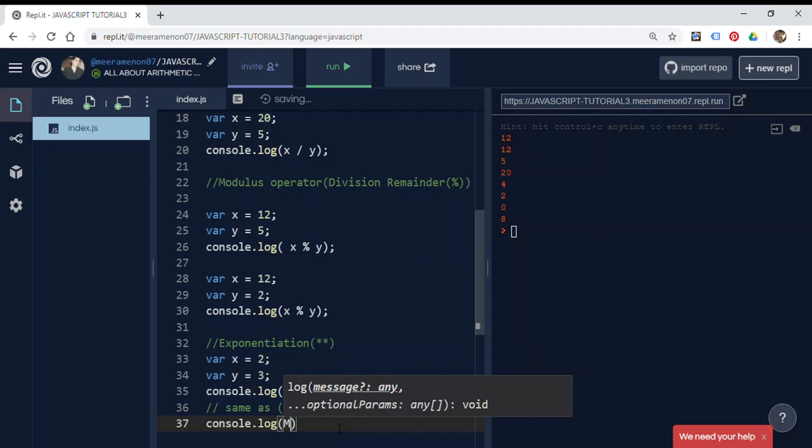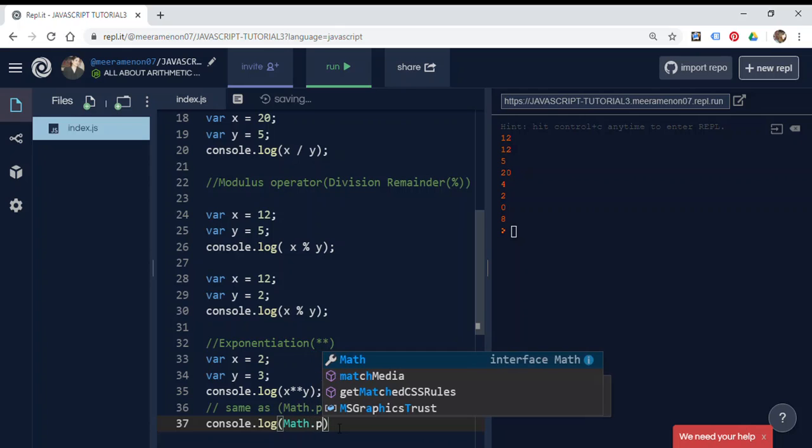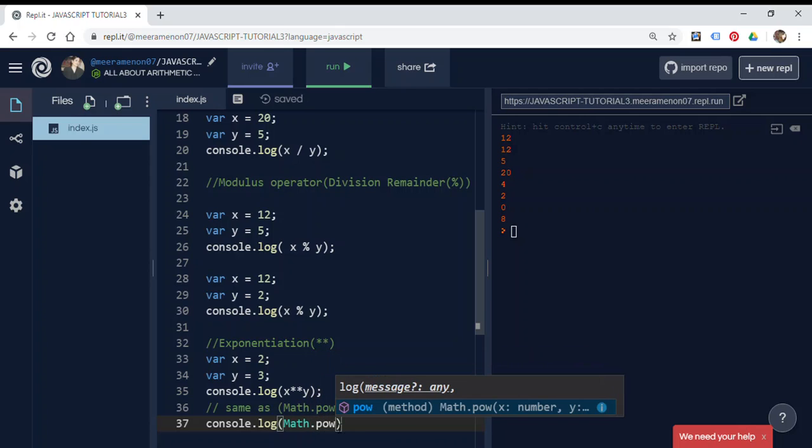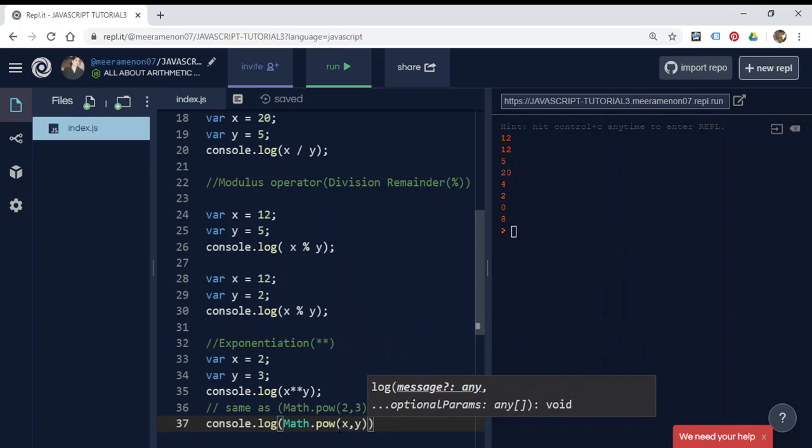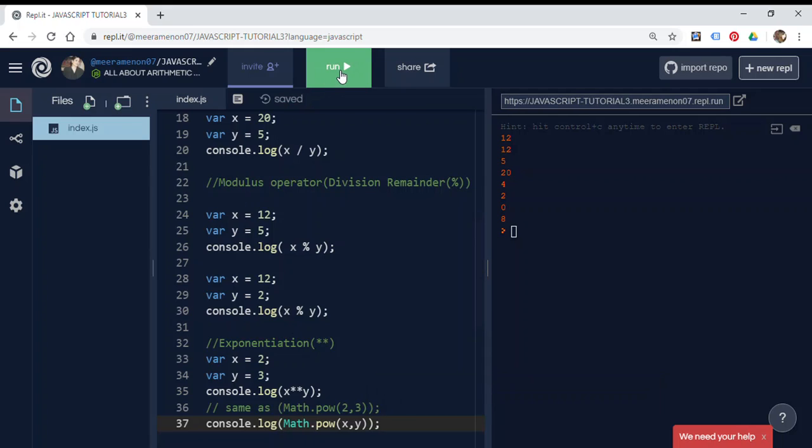Console.log math.power. So instead of 2, 3, if you write x, y, let's run it. Yeah, it's giving the same value. So it's 2 to the power 3, which is x to the power y, which is quite easy.